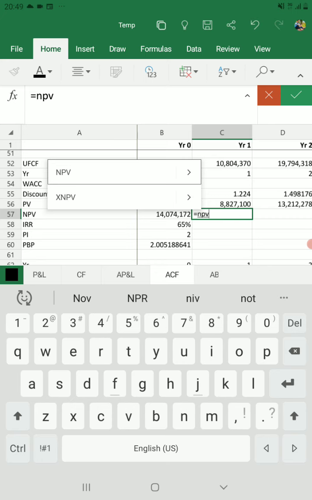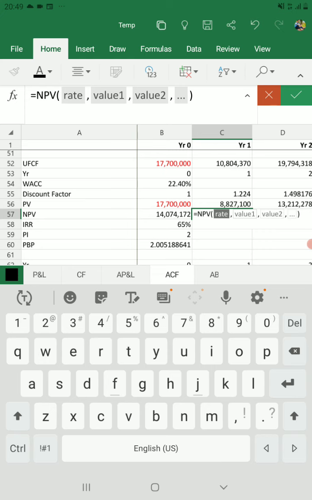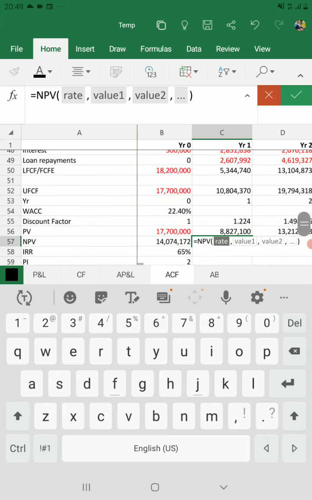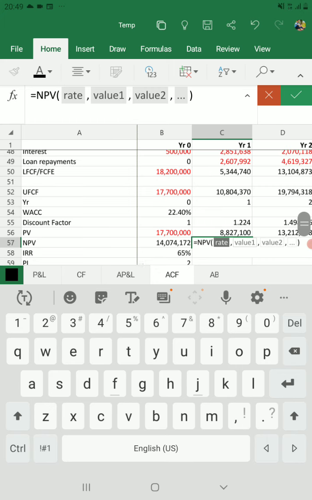In this case, we are discounting the future cash flows, so from unlevered free cash flow here on top.